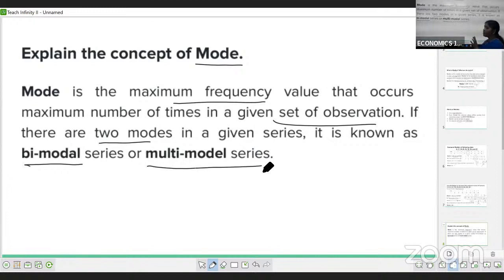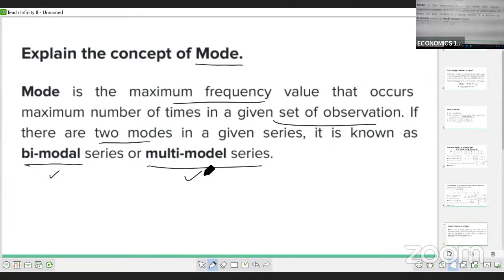So if in the given data more than one number is repeating, we can call that bimodal or multimodal. Simply remember that the mode is the number which is repeating the maximum number of times. If there are two modes, we call it bimodal, or multimodal.